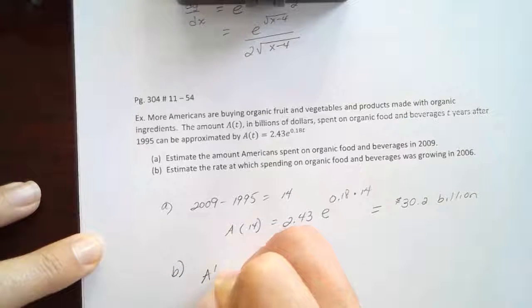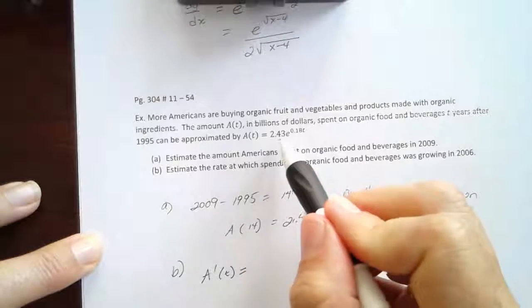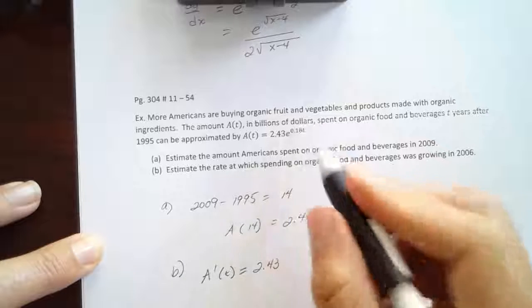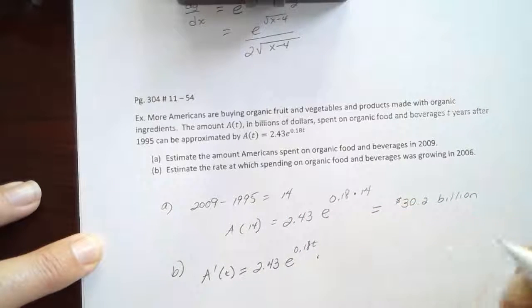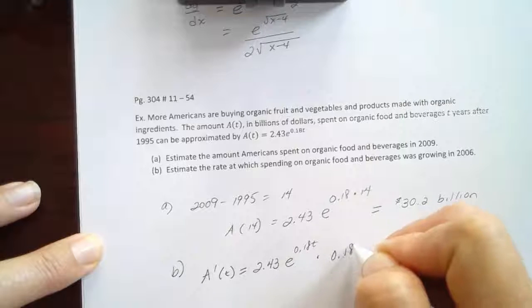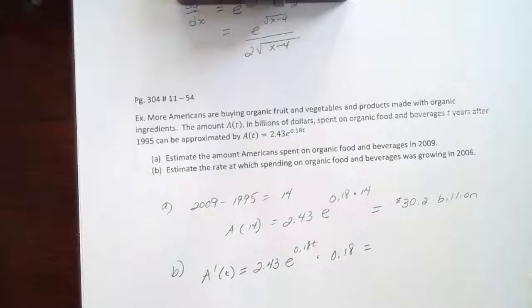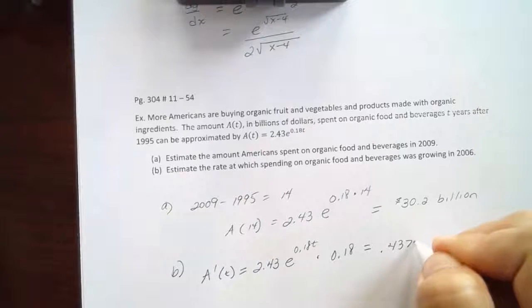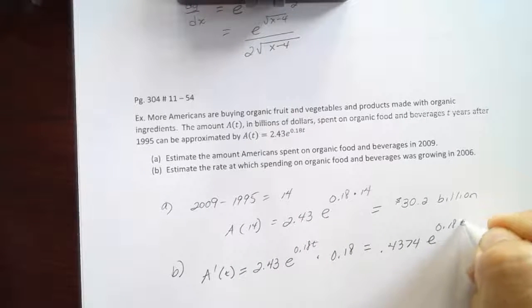So A prime of t will be equal to 2.43 times the derivative of e to the power, which is just e to the power, times the derivative of the power, which is going to be 0.18. Okay, and then when we multiply these two numbers together, it's 0.4374 e to the 0.18t power.